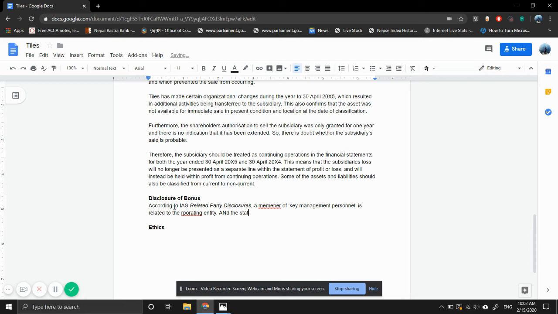And the standard explicitly states that directors are key management personnel. Right. Not operating, reporting.